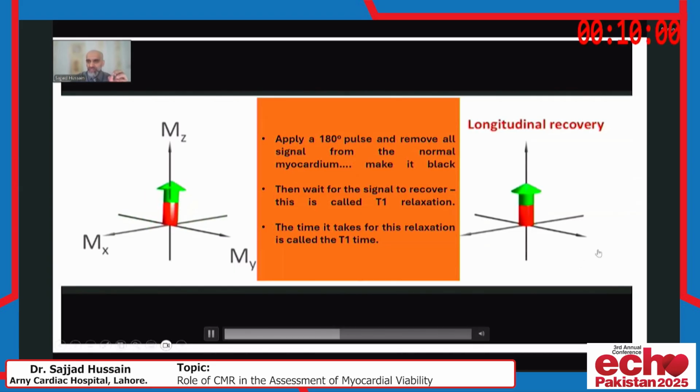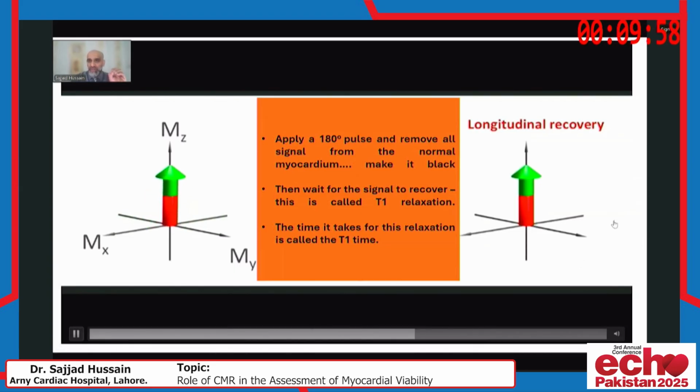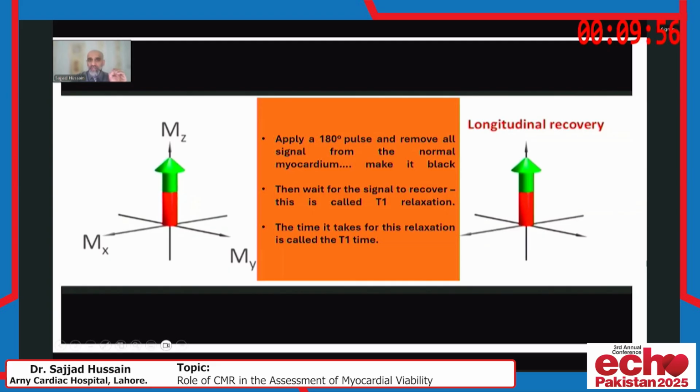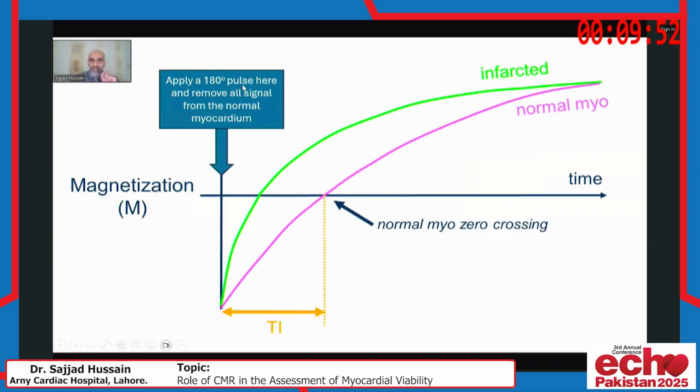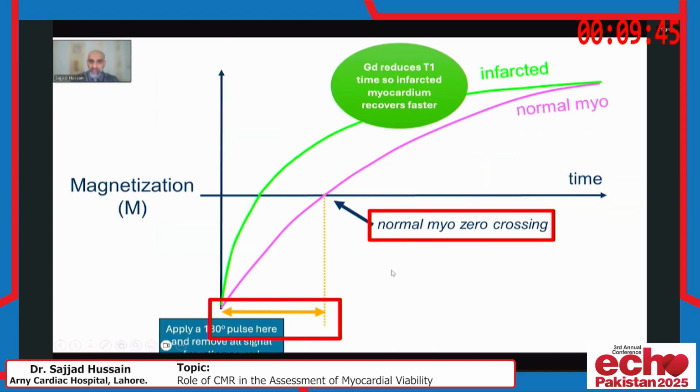So essentially, we knock out the signal in the normal myocardium. And how do we do this? We apply a 180-degree pulse here and remove all signal from the normal myocardium. Then we wait for this duration of time, which is known as TI, so that the normal myocardium becomes completely black.